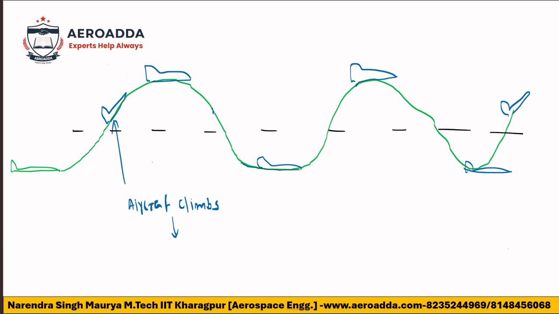I have already taught you. Once the aircraft is climbing, lift is always greater than weight. That is the condition. That always happens during climbing. And once it is gaining altitude, speed decreases.